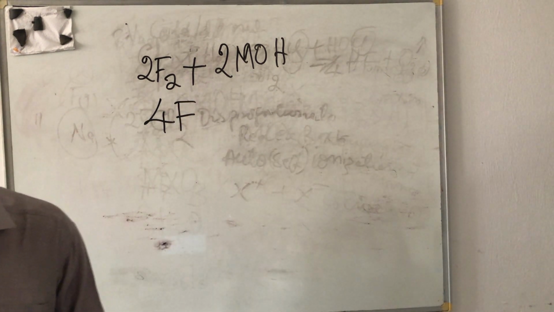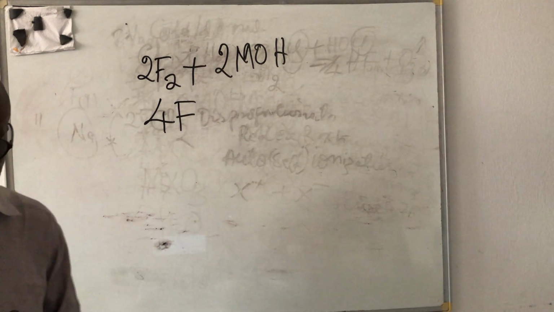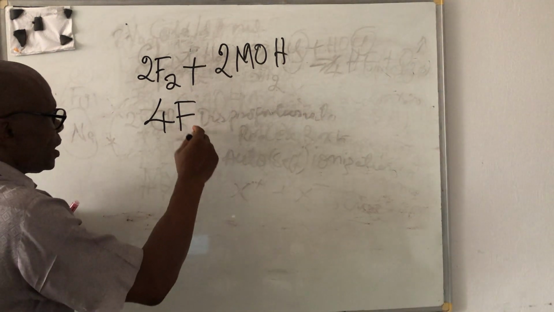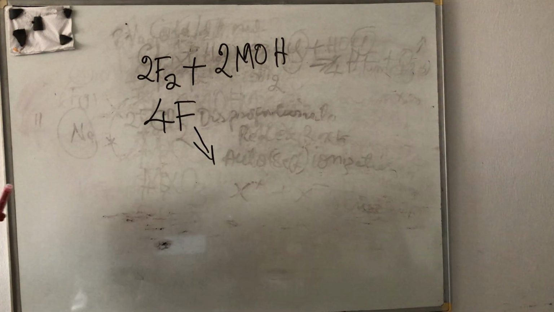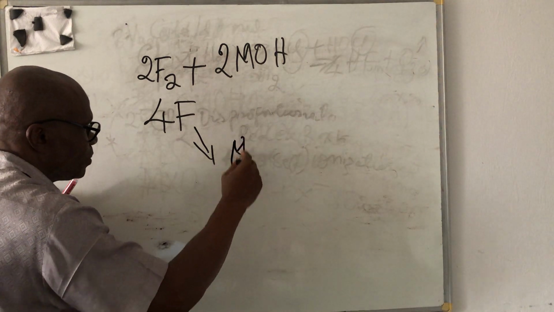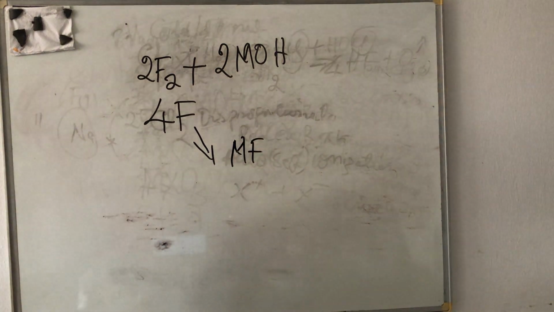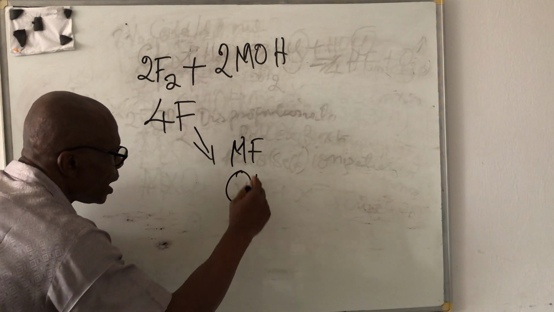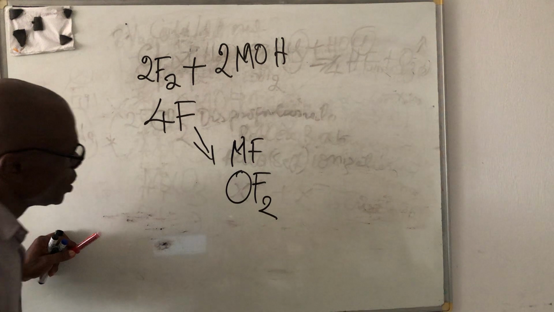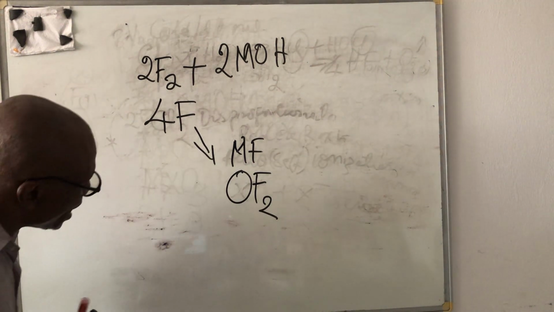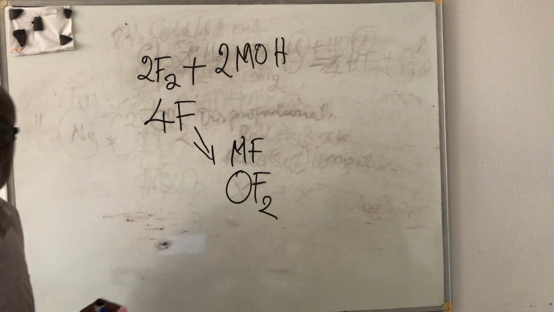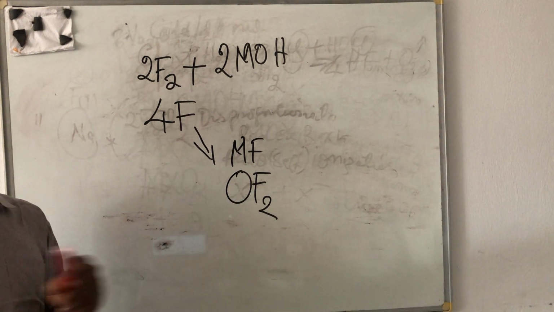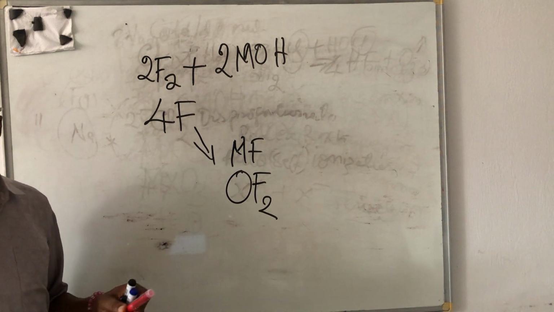It must first of all translate into 4F before it will react to give you 2MF. MF will be formed in the first instance, then there will be OF2.